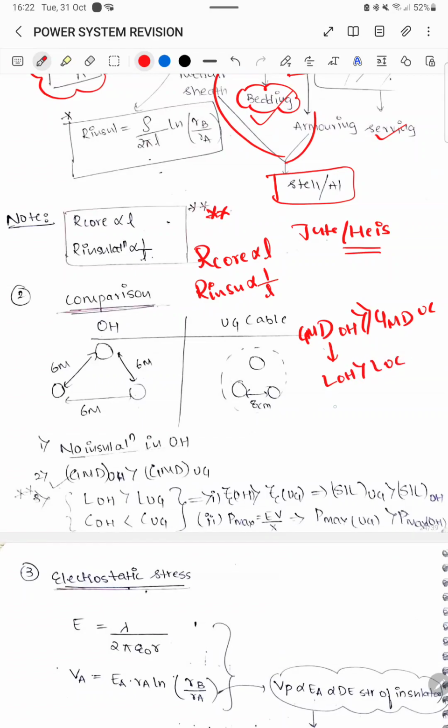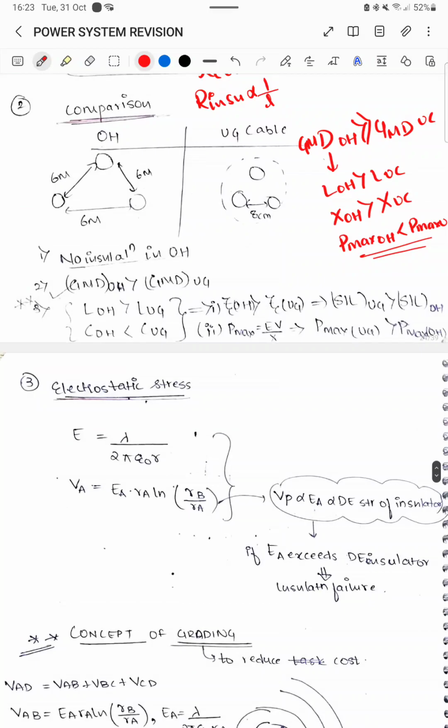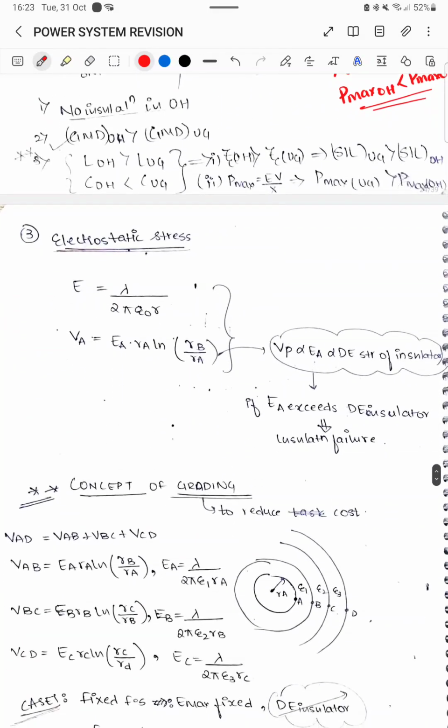That in turn will cause Z of overhead to be greater than Z of underground cable, and so Pmax of overhead would be lesser than Pmax of underground cable, and so the stability and power transfer capability of underground cable is much more than that of overhead transmission lines.